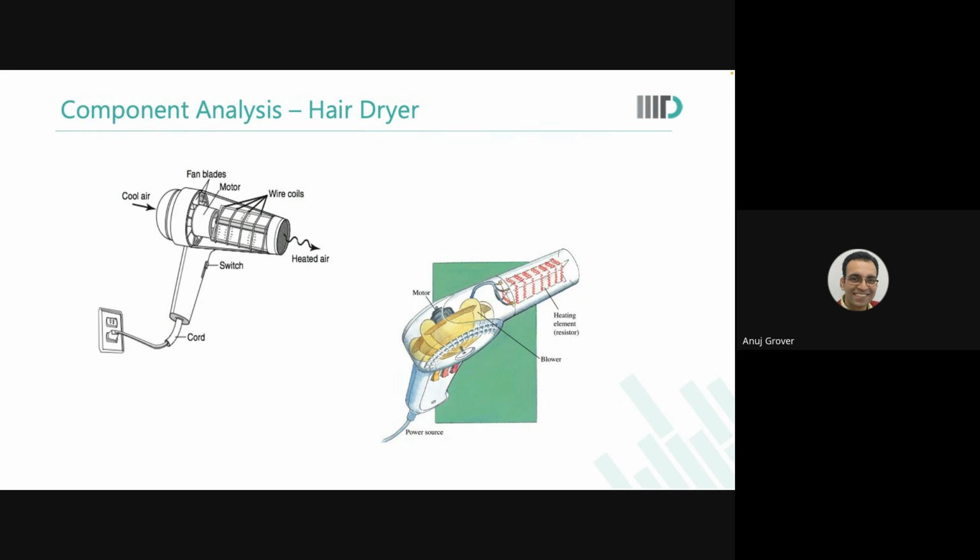Then you identify which are system components, which are super system components, and which is the target. So for a hair dryer, what should it be? Everyone do it independently. Take 3 minutes. Write down components at the system level, components at the super system level, and then also identify the target for me.